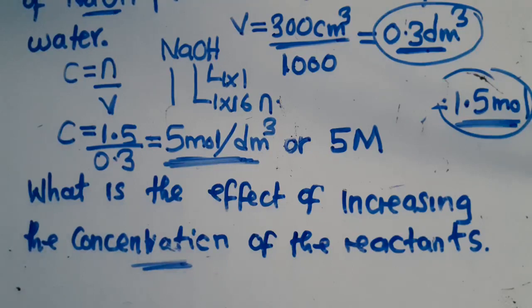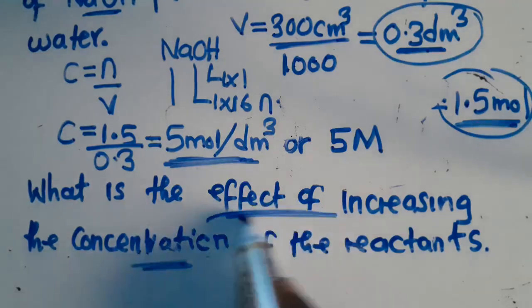On the other hand, we can say that when concentration is reduced, the rate of reaction also reduces, because the number of particles in the solution reduces and do not collide effectively. So hope you've seen how I've answered this particular question. This is what you're going to do.